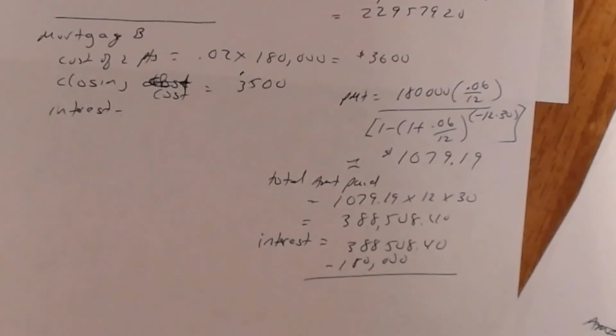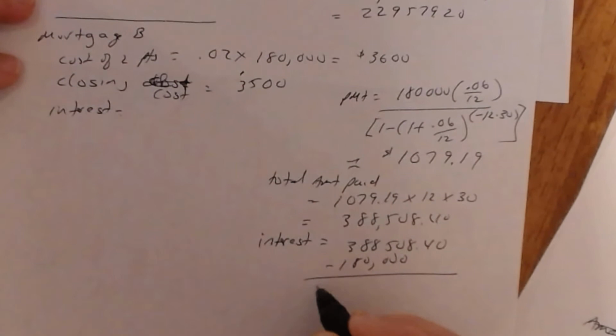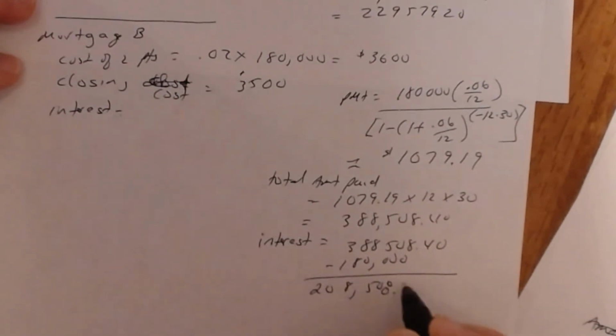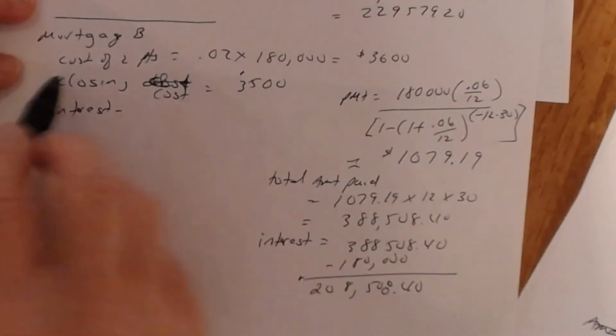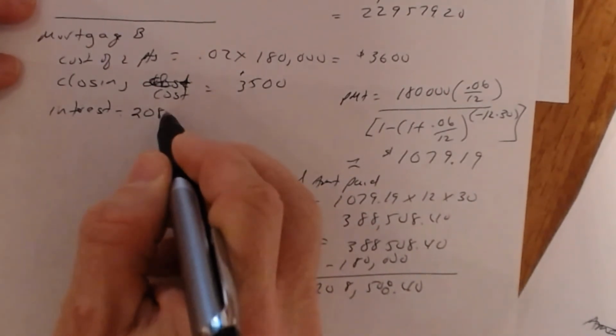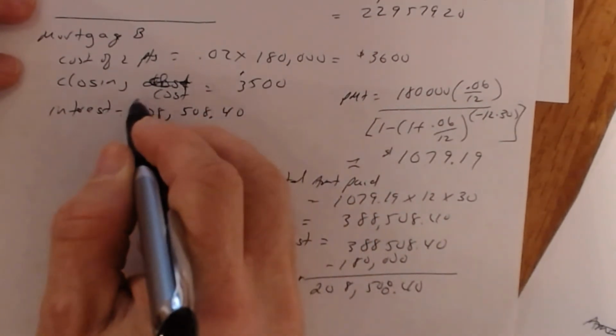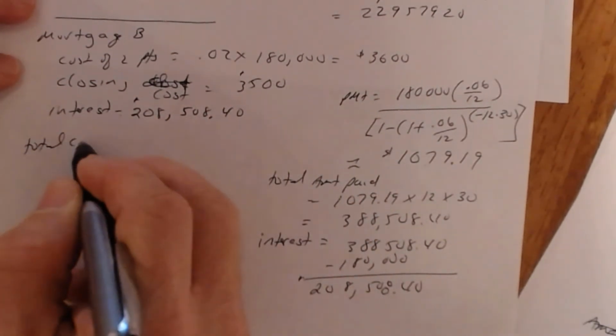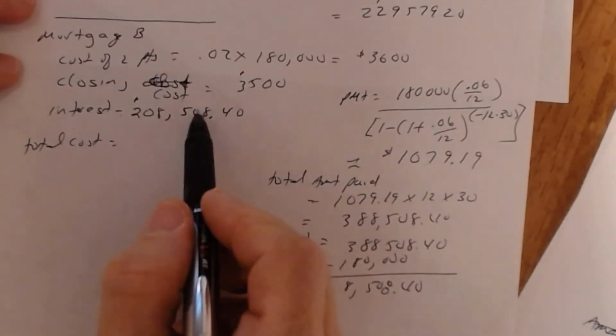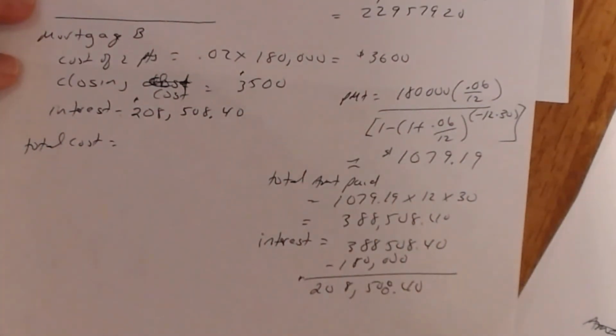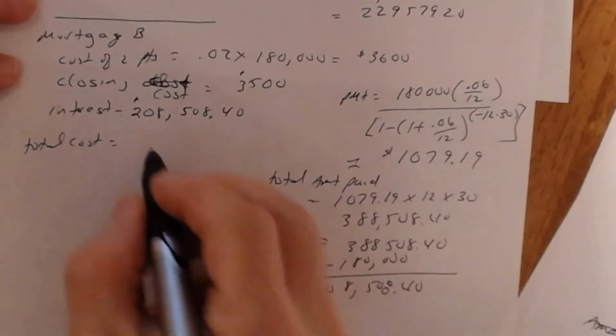The interest you end up paying is $208,508.40. So your total cost will equal this, this, and this: that amount plus $3,500 plus $3,600.